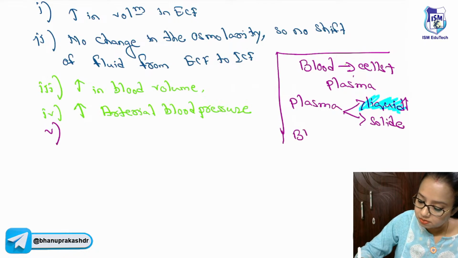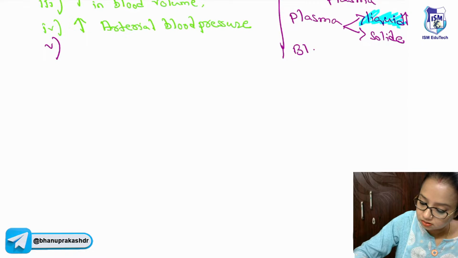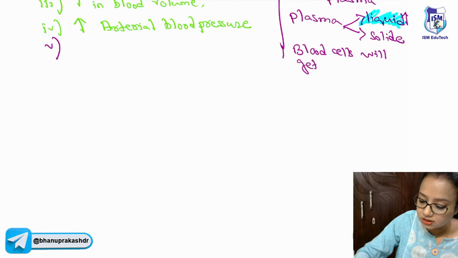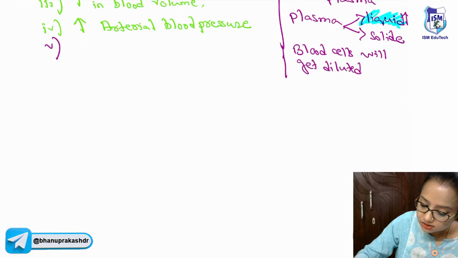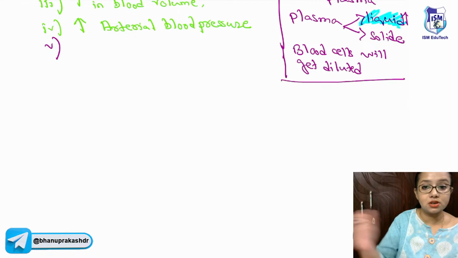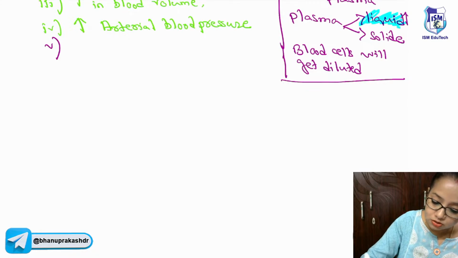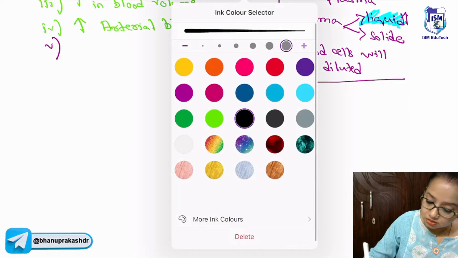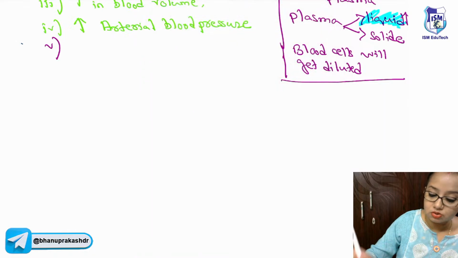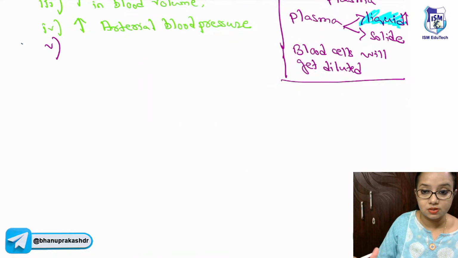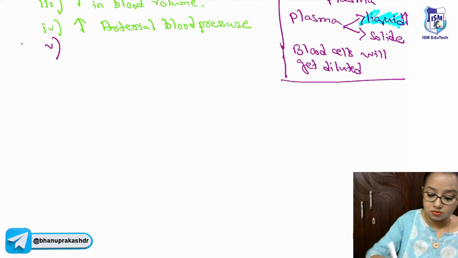The blood cells will get diluted, because now the liquid is more. So when the blood cells get diluted and we do a PCV, which is also known as the hematocrit value, what will we see?